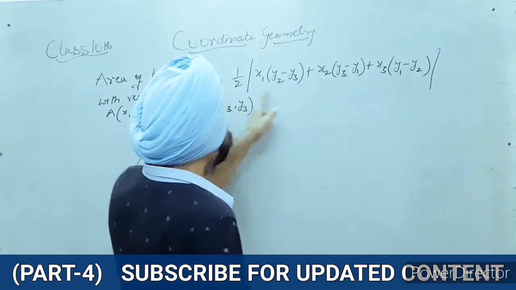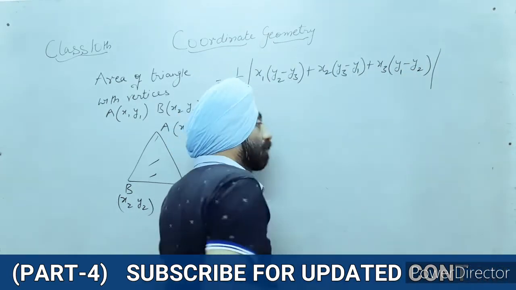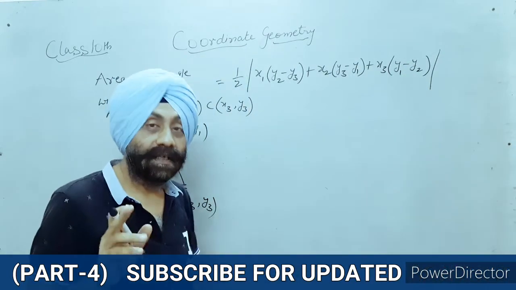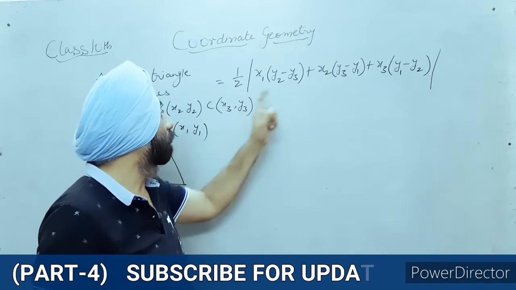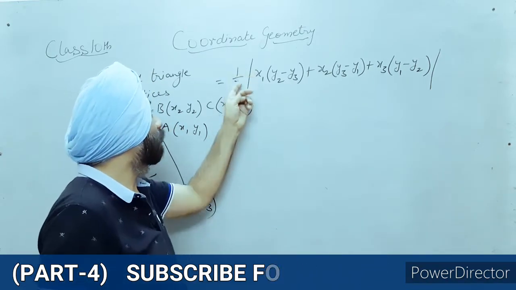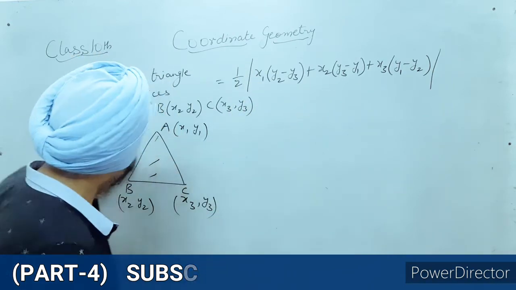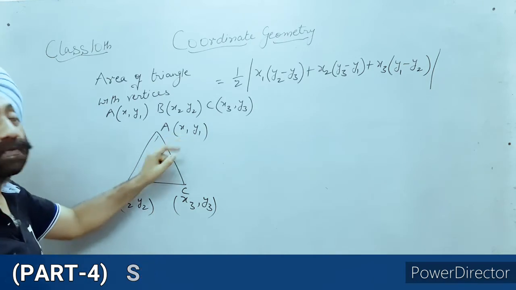Why do I put this modulus? Because sometimes the value of this expression comes out negative, but the area of a triangle cannot be negative, so it will be taken as a positive numeric value, that is half times this value. This is the area of the triangle ABC with vertices given to us.